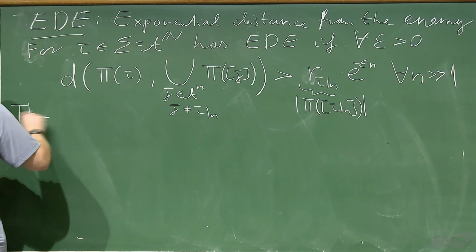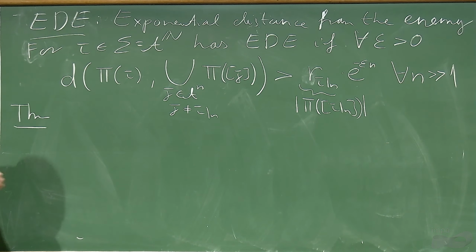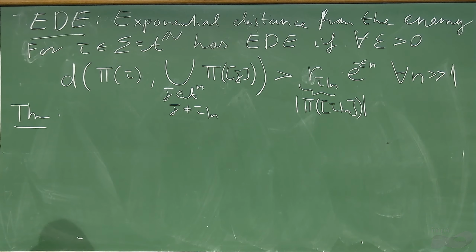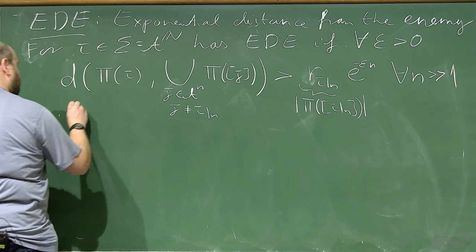And basically, what you can show is the following. For the exponential distance from the enemy, for this EDE condition, you have a simultaneous property.